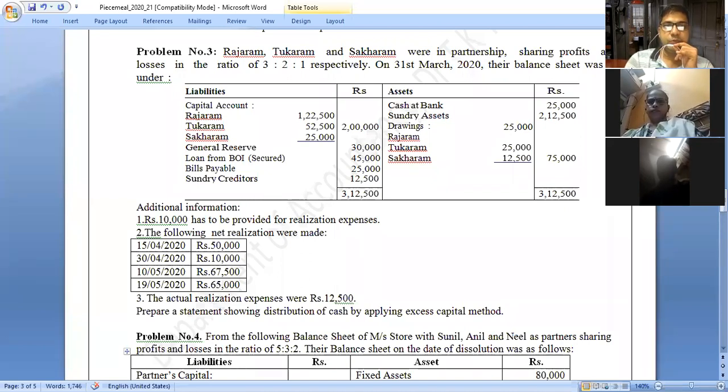BC into profit sharing ratio. BC means base capital. Base capital is 1250 multiplied by 3, so 3750, and 1250 multiplied by 2, you will get 2,500.